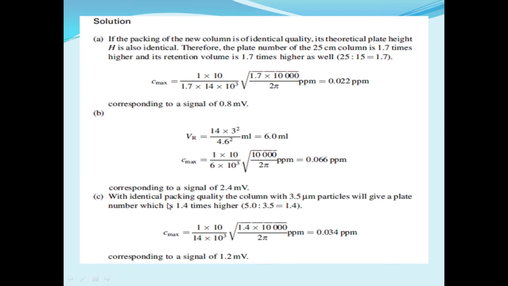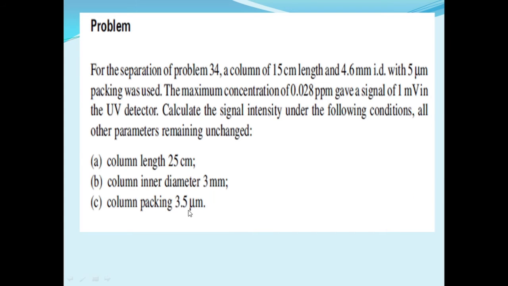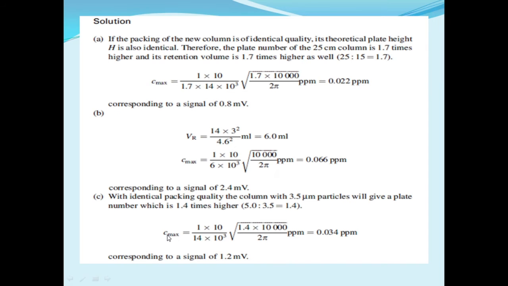Third, column packing of 3.5 micrometer is given. With identical packing quality, the column with 3.5 micrometer particles will give a plate number which is 1.4 times higher.